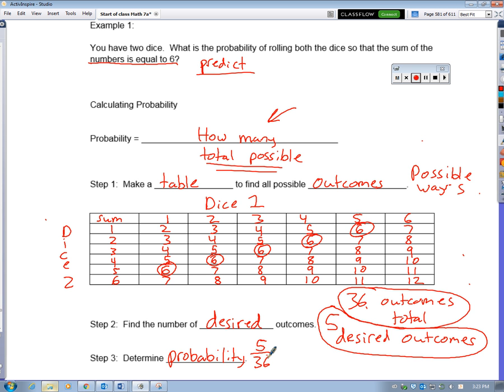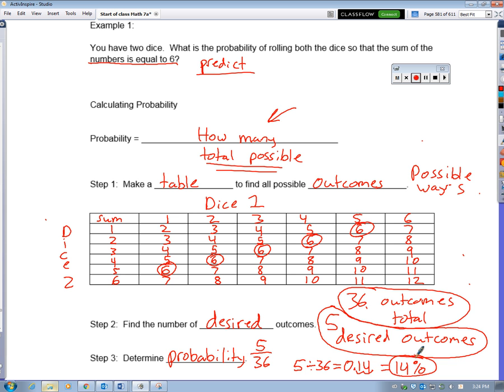And if we make that into a percentage, we divide 5 divided by 36, and that would round to 0.14, which we can move the decimal 2 places, and you could say 14%.